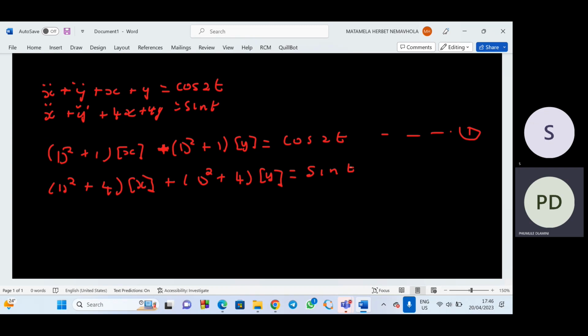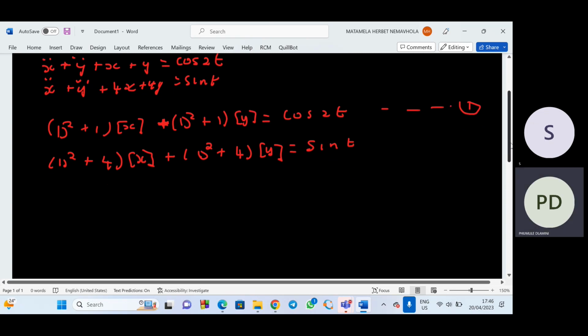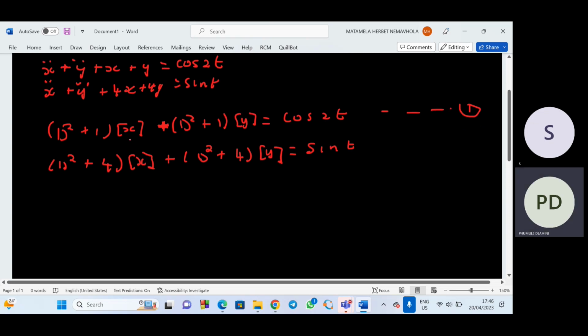This already shows, because two of these are the same, that it can have many solutions, but we must prove that. So this is equation 2.